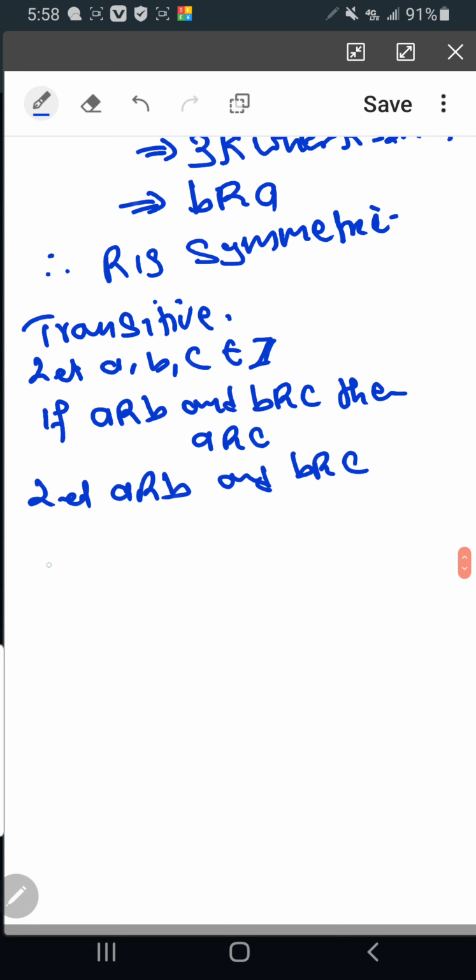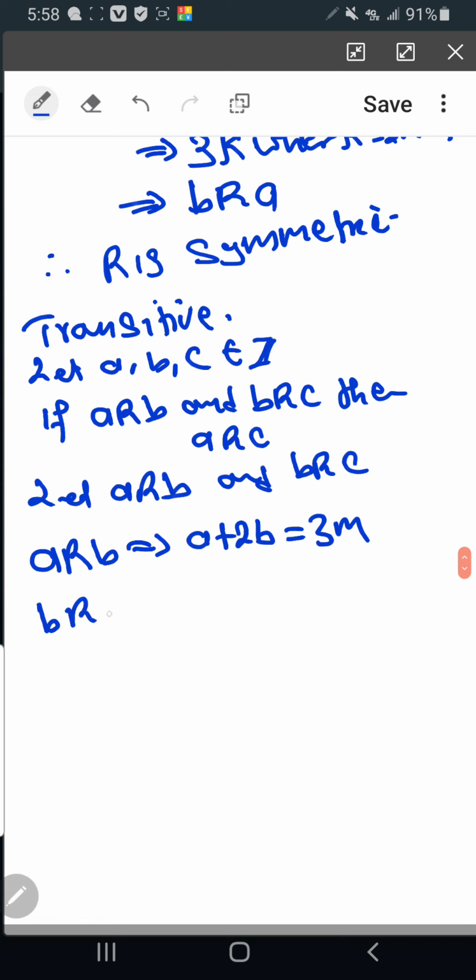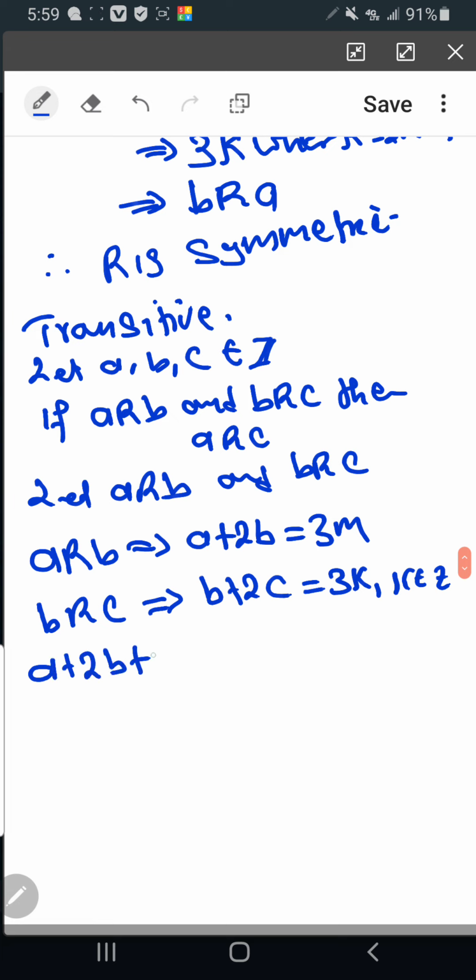But a relating to b means a + 2b is a multiple of 3, say 3m, and b relating to c means b + 2c is a multiple of 3, say 3k, where k is from Z. If we add the two equations, we have a + 2b + b + 2c equal to 3m + 3k.